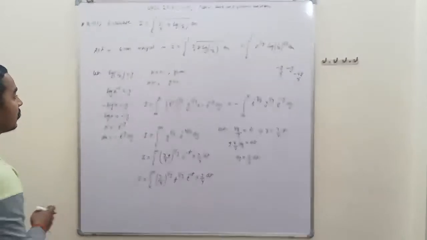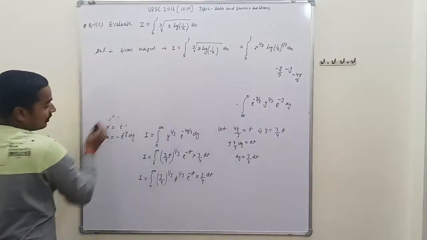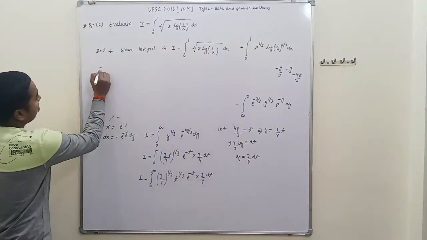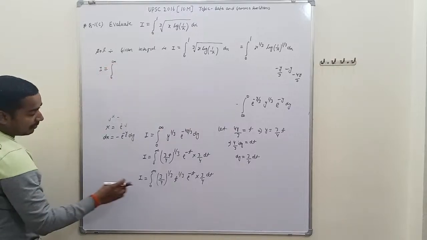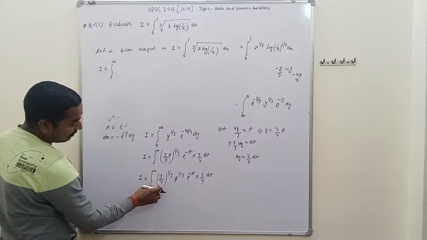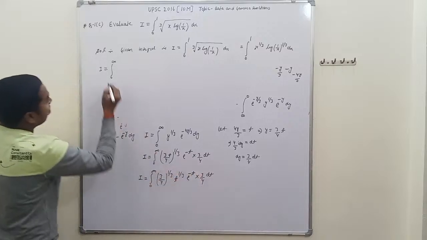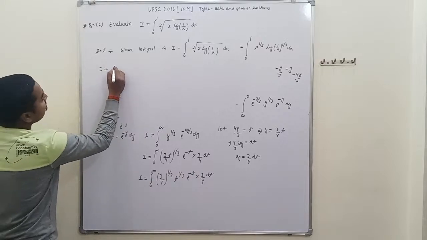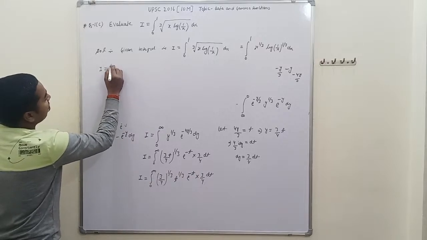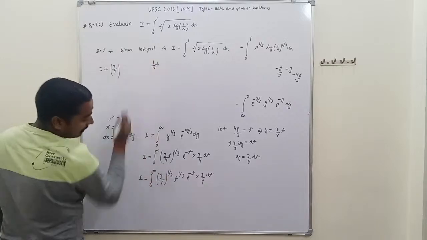Further we can also write the integral from 0 to infinity, and from here (3/4) to the power 1 by 3 and (3/4) to the power 1. We have to add these and take it outside. This is given by (3/4) to the power 1 by 3 plus 1.